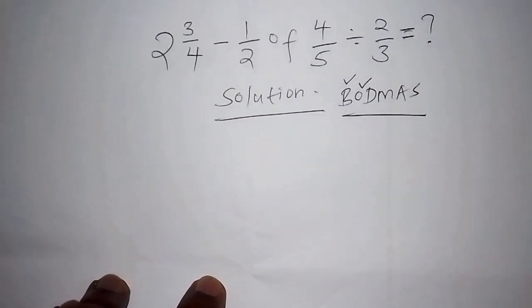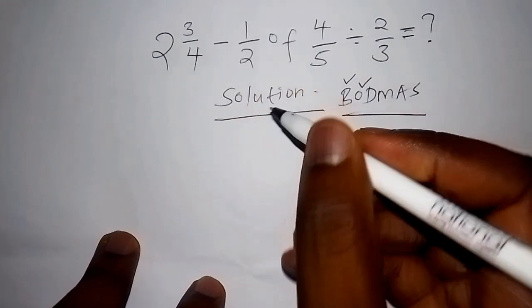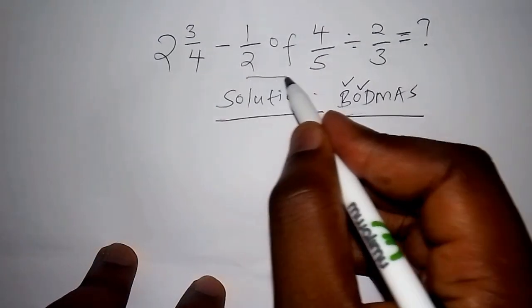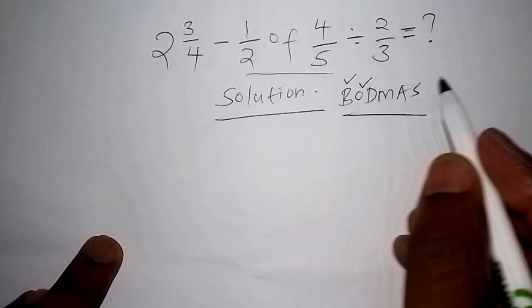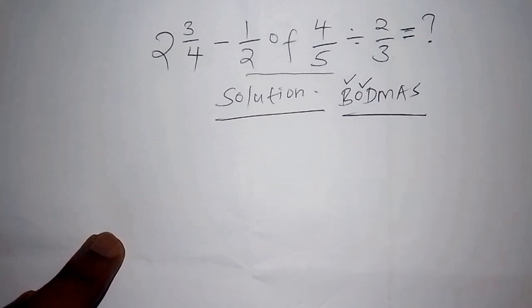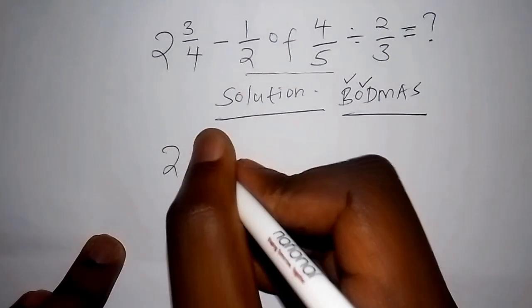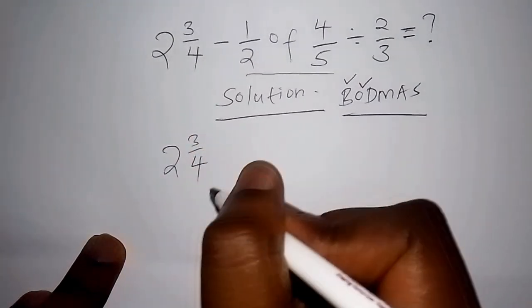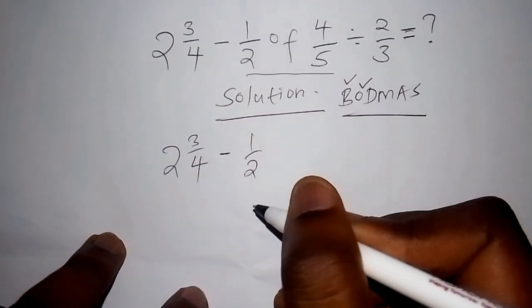Of means of. So we are supposed to work out the of first. And what is of? 1 over 2 of 4 over 5. All these ones shall remain the same, and we shall work out the of first. So we shall have 2 whole 3 over 4 there, then minus 1 over 2, or a half.